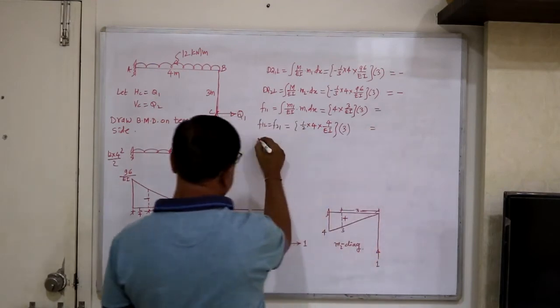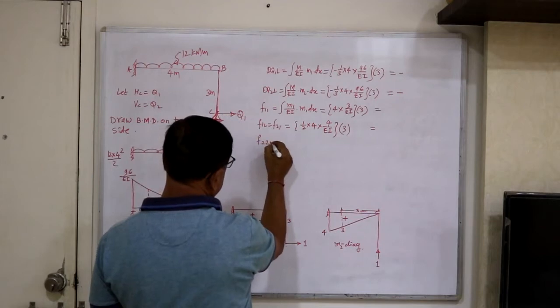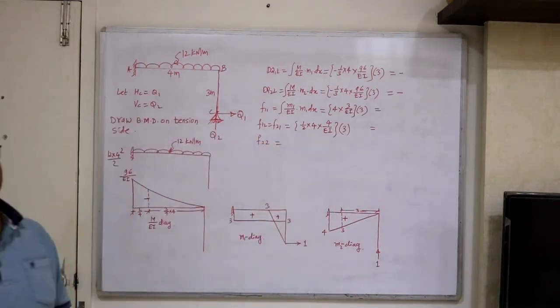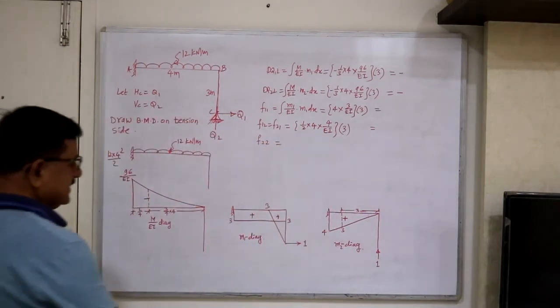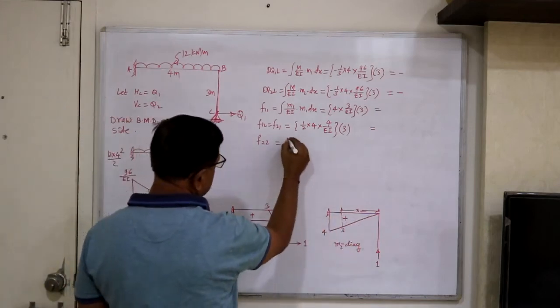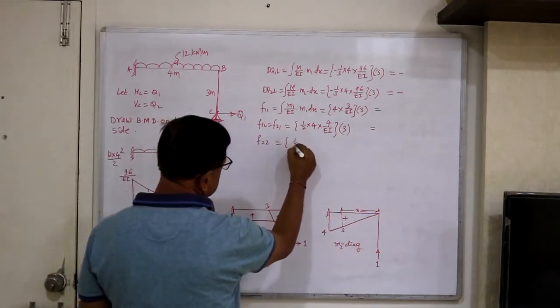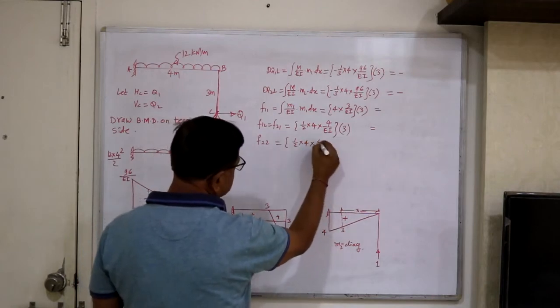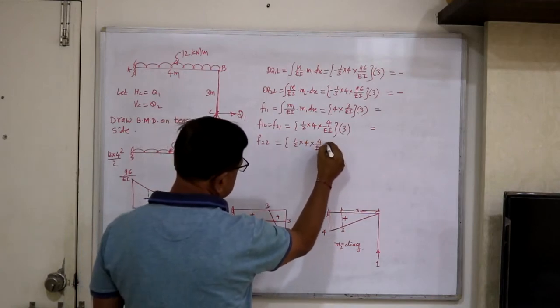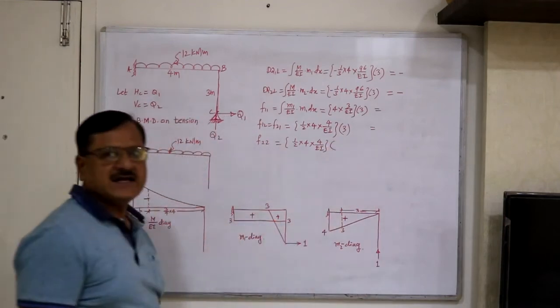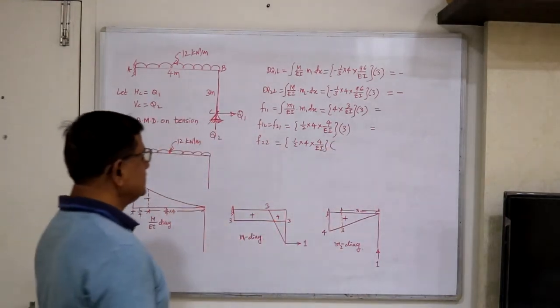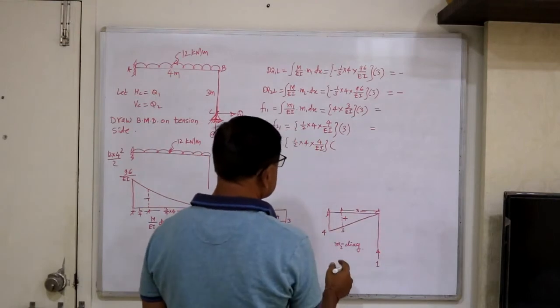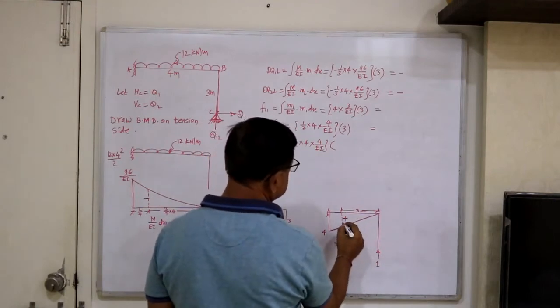And last, F22 is equal to F22. So the area into, so this is 1/2, base is 4, height is 4 upon EI, and the ordinate at their own CG. So the CG is 2/3 of the base.